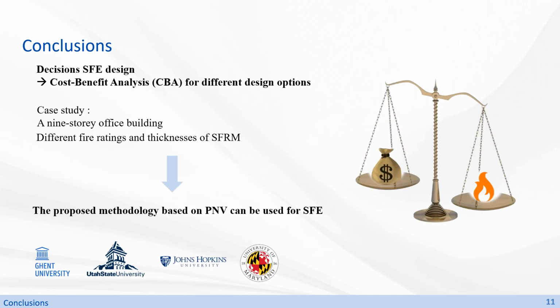In conclusion, a rational method to support well-informed decisions is to conduct a cost-benefit analysis.